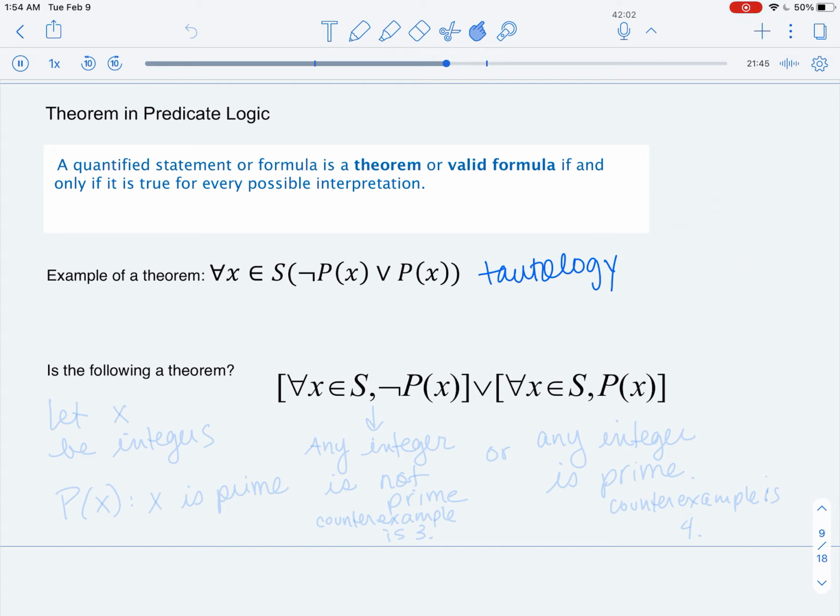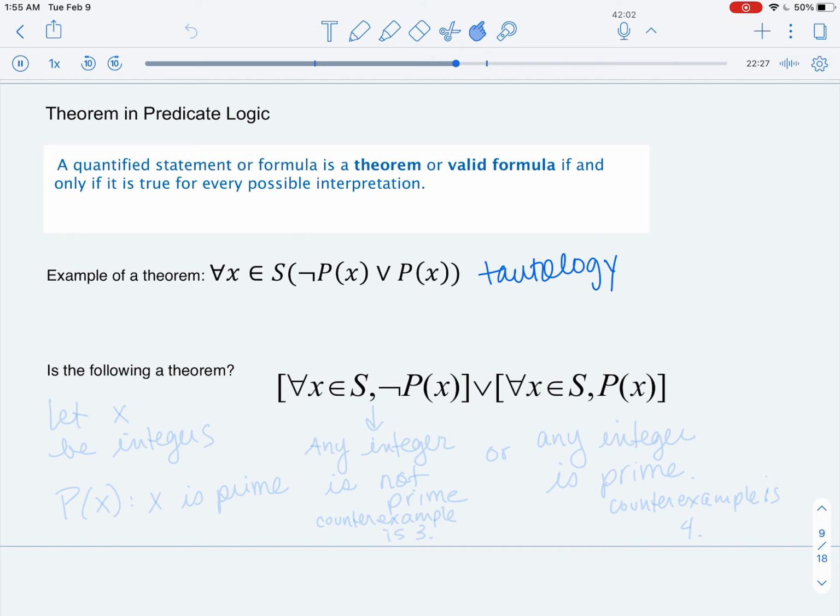Now, if we consider the following statement, for any x in S, negation of the predicate x, or for any x in S, P of x, we can assess that this is actually not a theorem. The way that we can tell that is we can give a specific universe for the variables x and a specific predicate in order to show that this statement would not be valid or true.